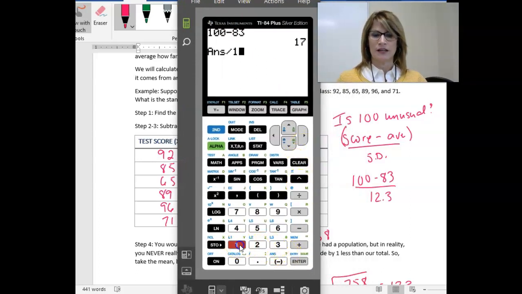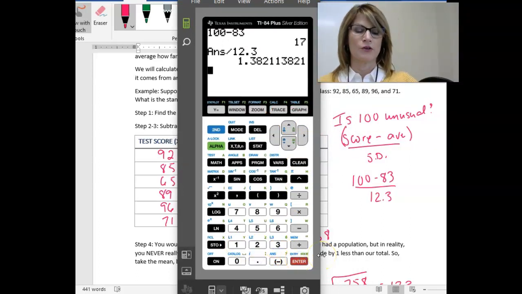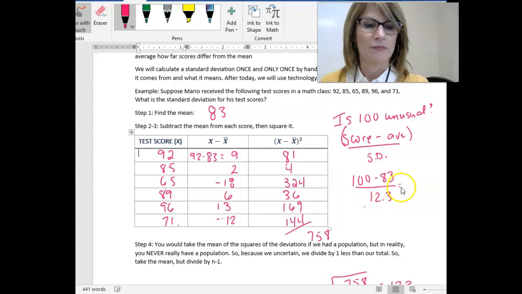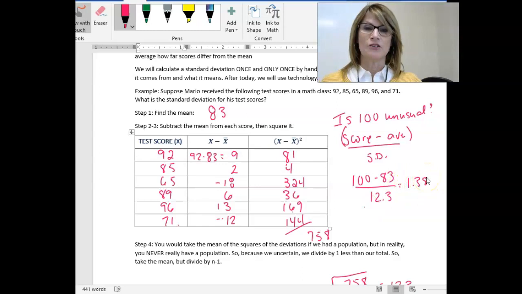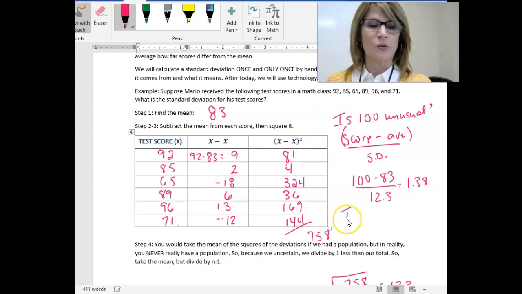Divide 17 by 12.3, and we get 1.38. 1.38 is not unusual.